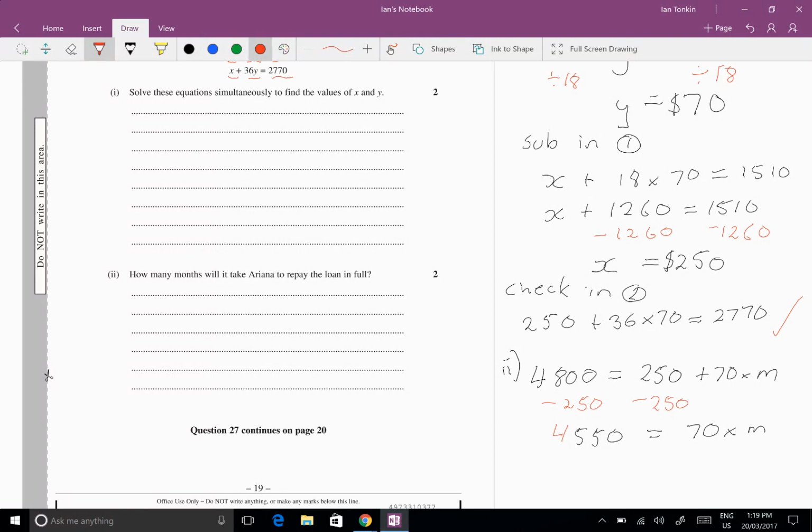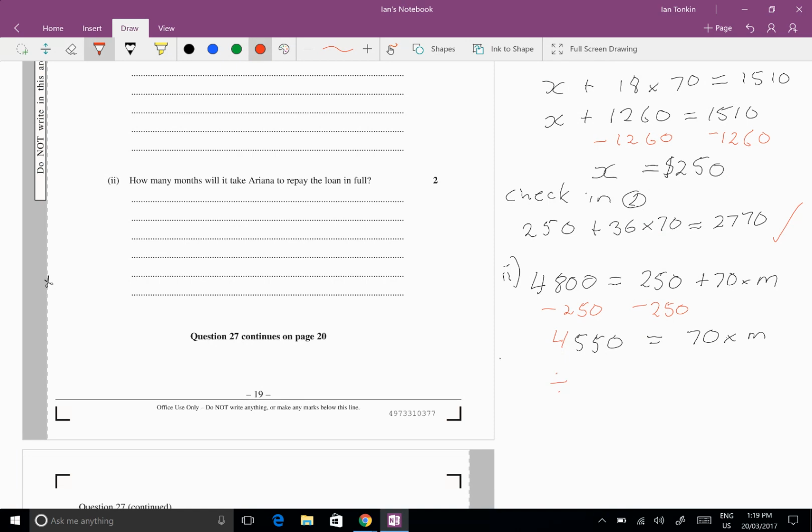So I will divide by 70, and that'll get me the number of months, 4,550 divided by 70, 65 months.